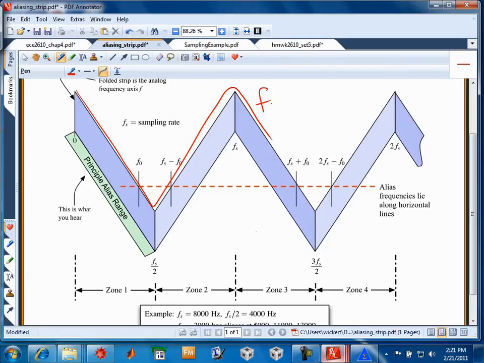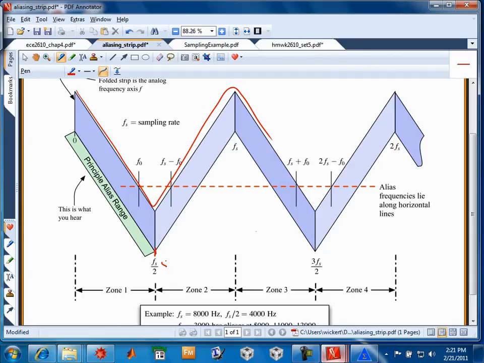But if I divide F by Fs and multiply times 2 pi, then the axis I get would be omega hat. So I've got another version of this same plot in the notes in terms of omega hat, but this one is in terms of F. It's notated that this point right here is Fs over 2.